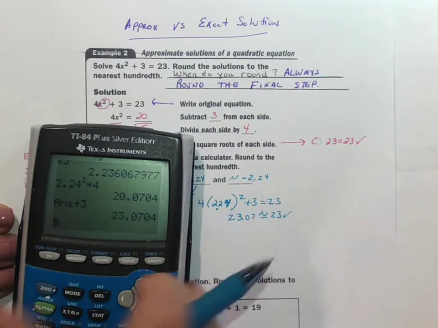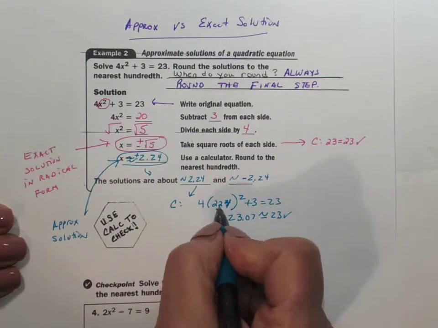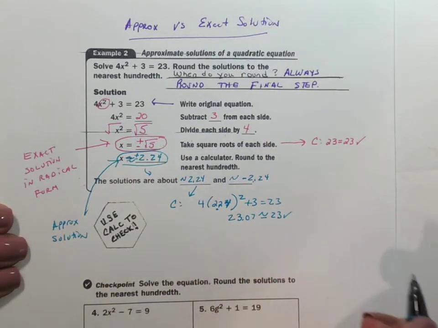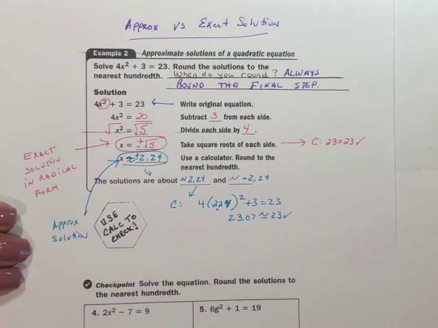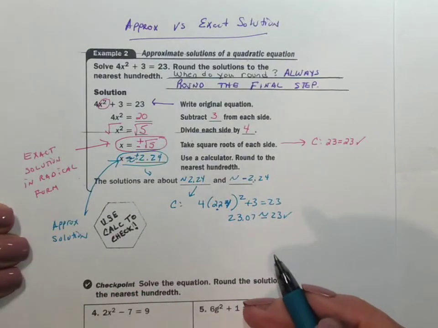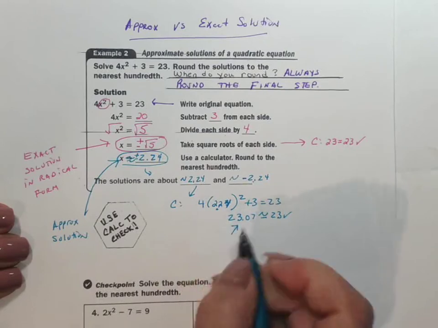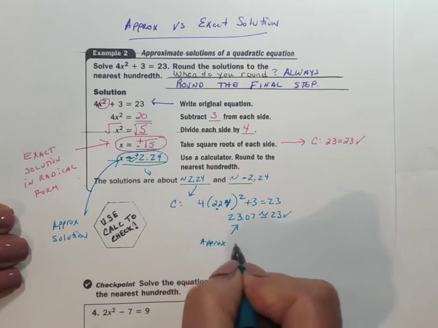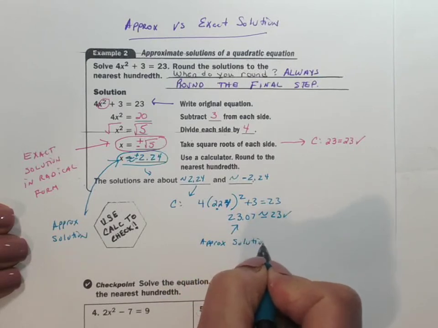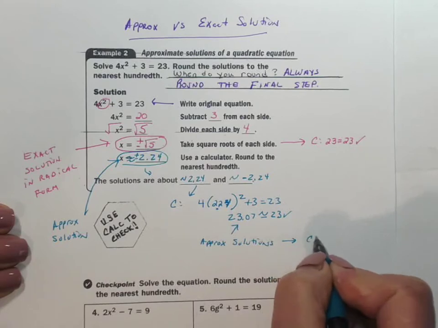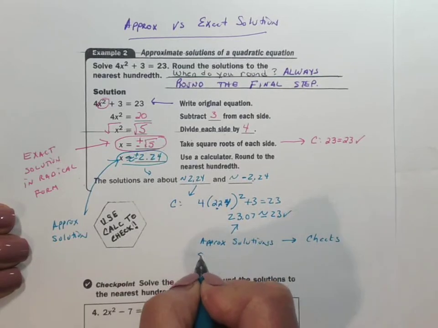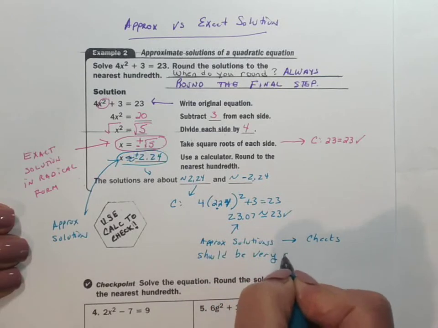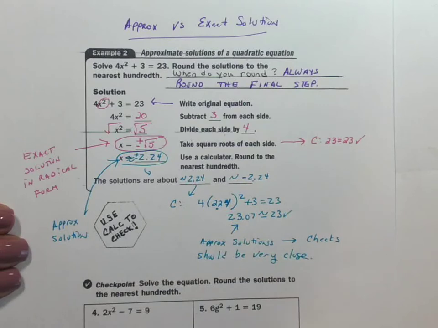Since this was an estimated solution, that's 2.24, this is going to be very close. For approximate solutions, the checks should be very close.